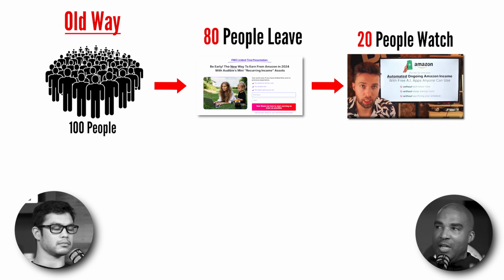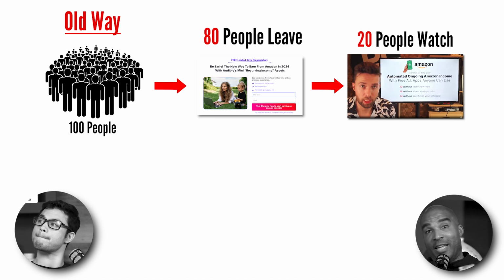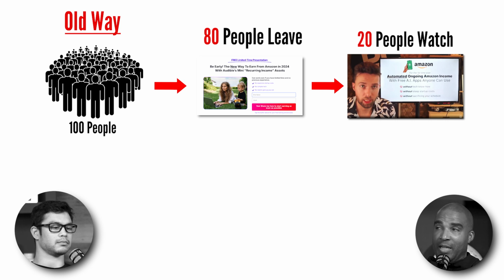It's saying, we sent 100 clicks, 80 people said no. Even though some of the 80 that didn't opt in might have purchased and might have been really interested in the product, the platform says that person is not a success because the objective for this particular ad was to get a lead.